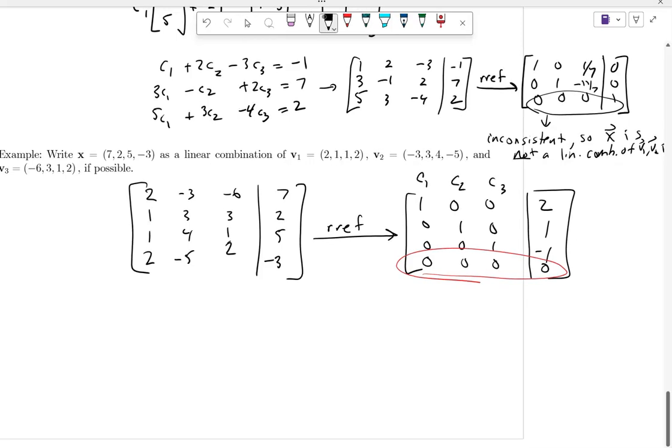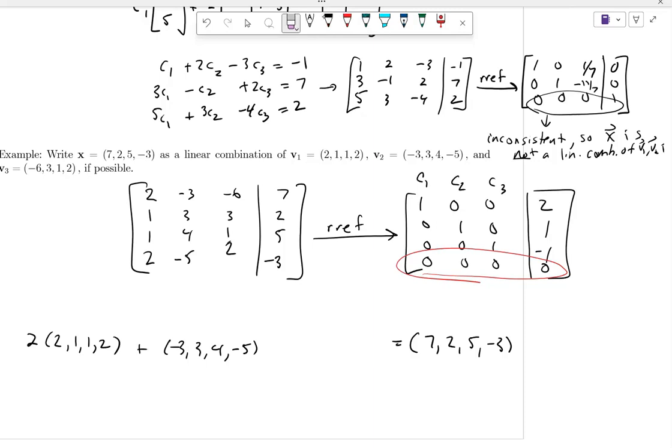So if I've got my 7, 2, 5, negative 3 on the right-hand side, what would you multiply the 2, 1, 1, 2 by? 2, good. What would you multiply the negative 3, 3, 4, negative 5 by? 1. And what would you multiply the negative 6, 3, 1, 2 by?